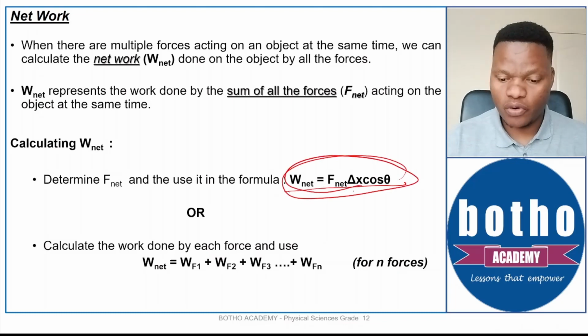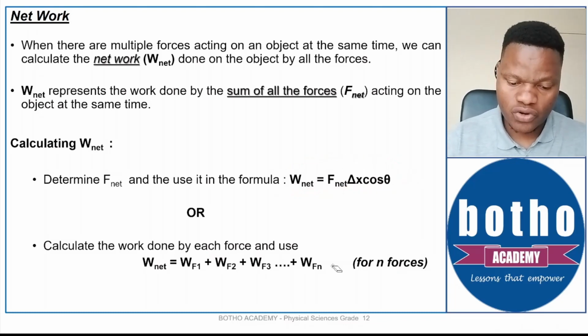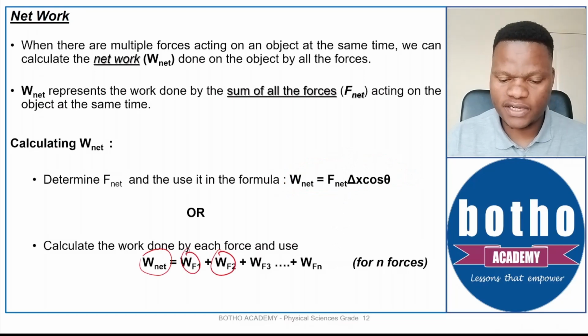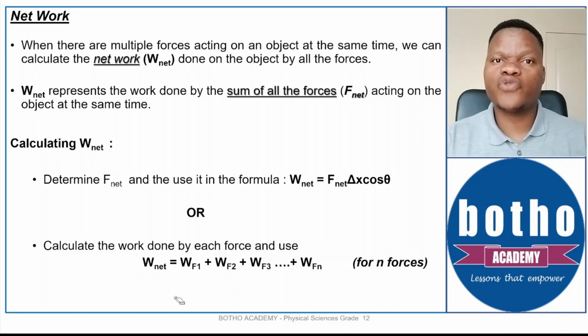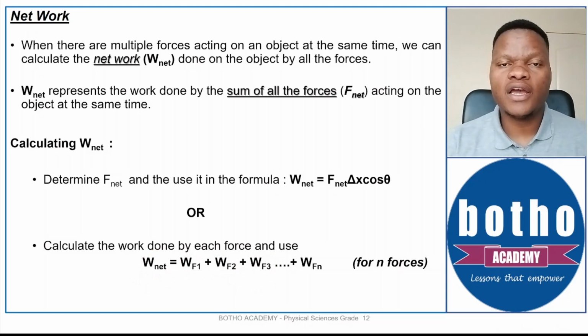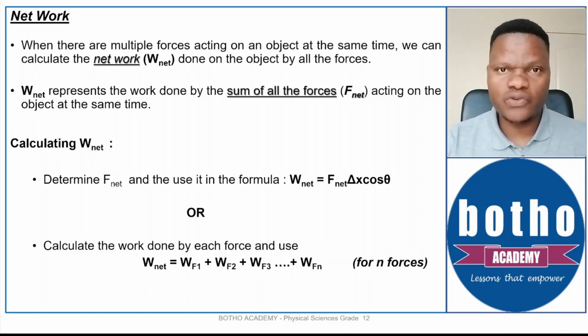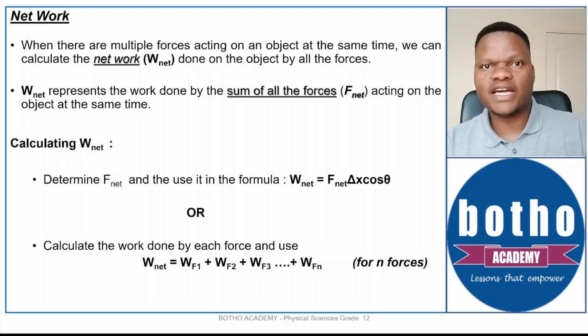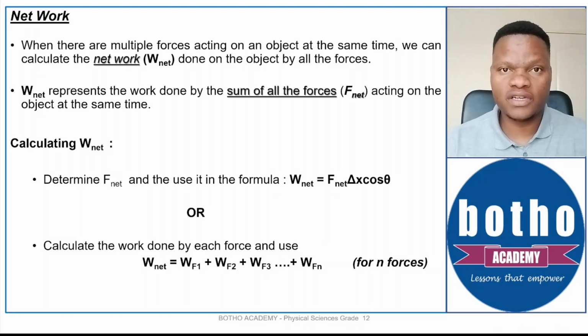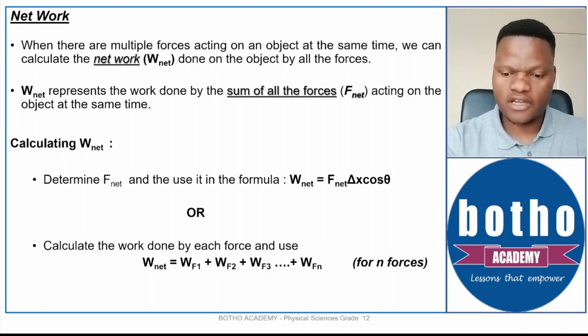In some cases you'll have to be able to calculate W net using the work done by force 1, the work done by force 2, and the work done by force 3, depending on the type of question. But you have to learn all the strategies for calculating W net. W net is just the sum of all the works that are done by various forces. It can be calculated in these two different methods.